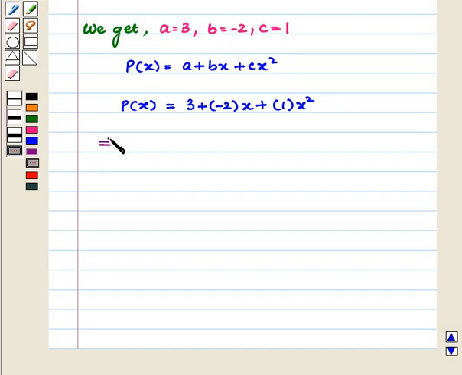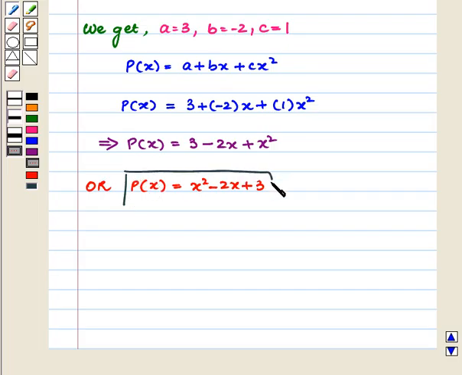This implies p of x is equal to 3 minus 2x plus x square, or p of x is equal to x square minus 2x plus 3. This is the required polynomial.